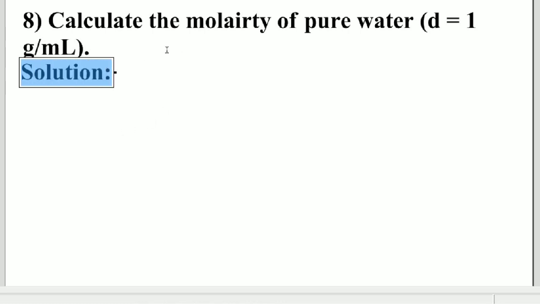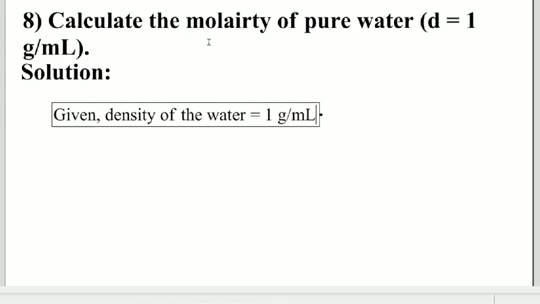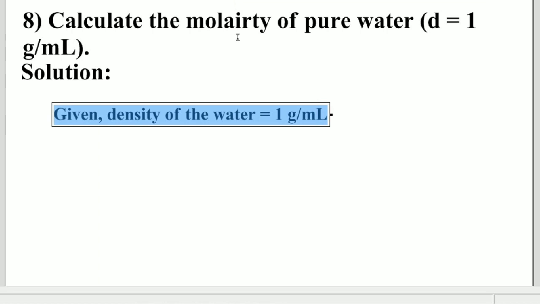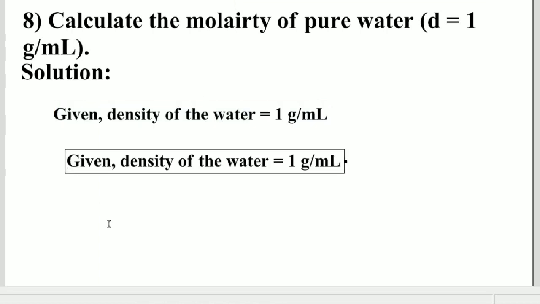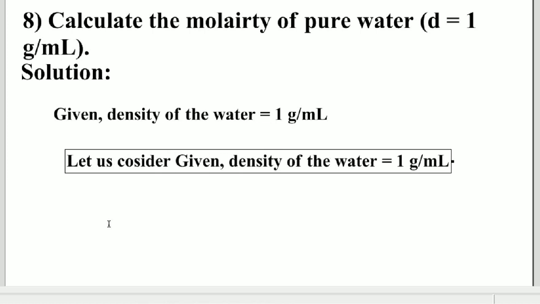Given density of the water is equal to 1 gram per ml. Here you should consider the volume of the solution.